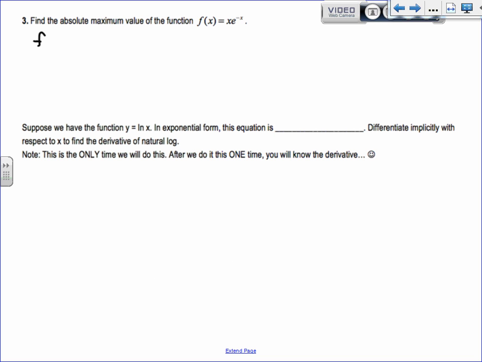So I'm going to find f prime of x. So f prime of x is first times the derivative of the second. So what do I get for the derivative of the second? Times negative 1, right? So negative e to the negative x. So e to the negative x times negative 1. That was from the chain rule.